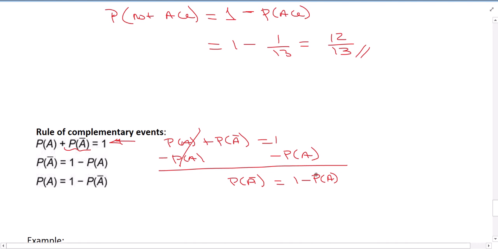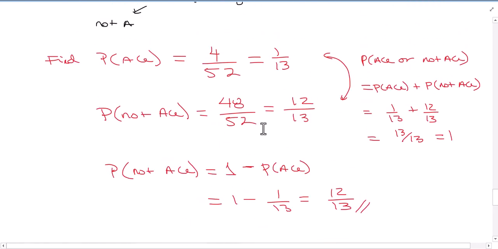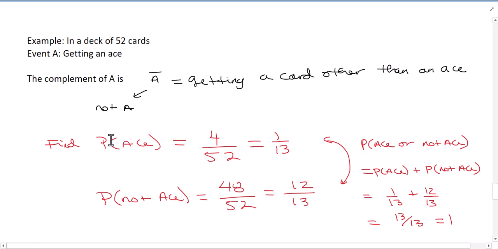This is helpful because if I know the probability of A, I don't have to go back to the sample space to find the probability of not A. Since I already know the probability of A, the probability of not A is 1 minus my known probability. Like here, when we did the ace, the probability of an ace is 4 out of 52.